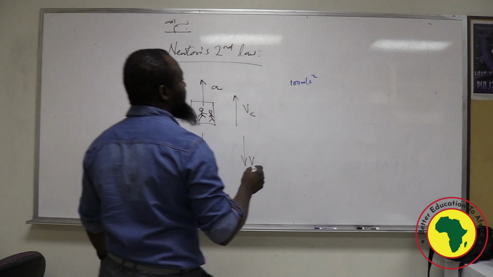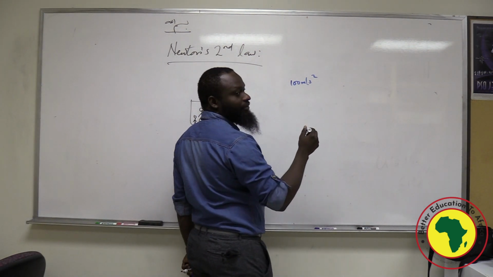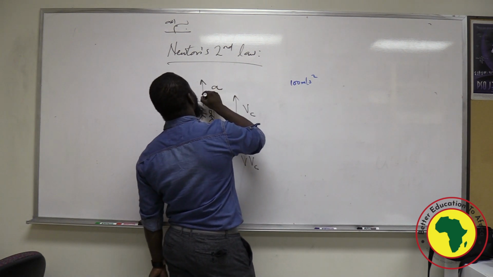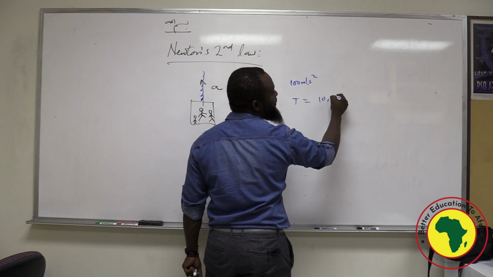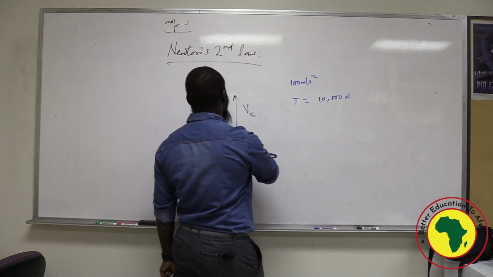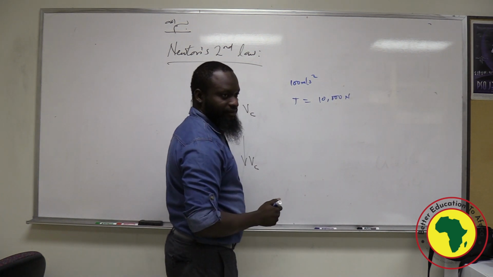I can ask you if the tension in the string holding the elevator, T, is say 10,000 newtons, what is the weight of the people in there. Is that okay?